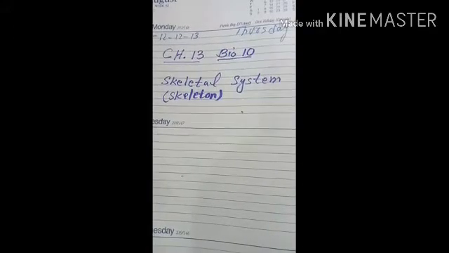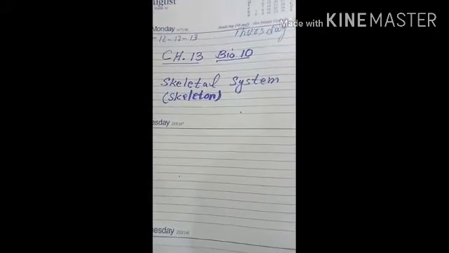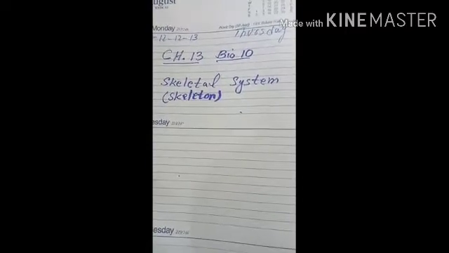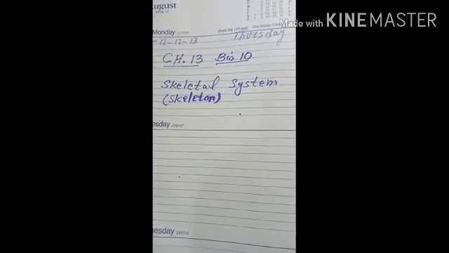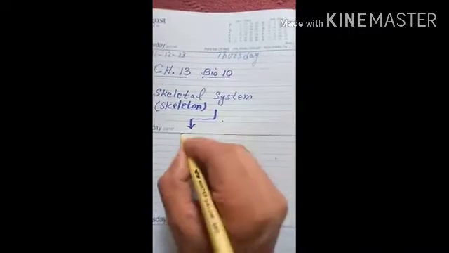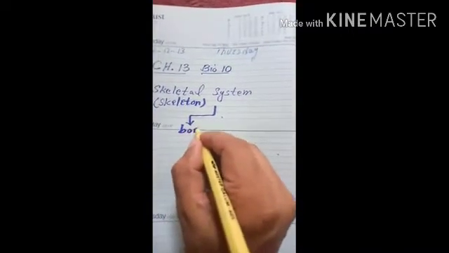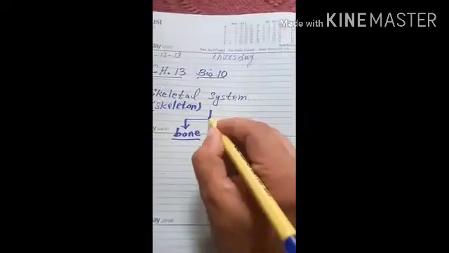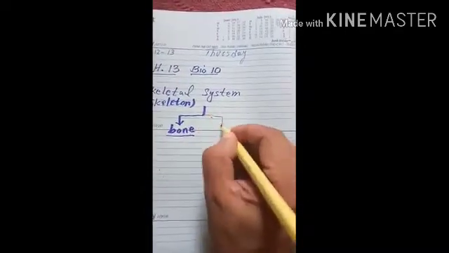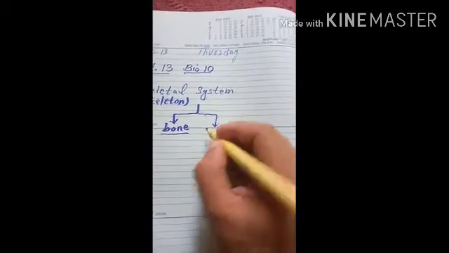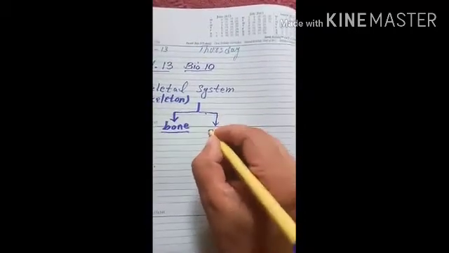These two important structures, skeletal muscles and bones, together make the skeletal system. It consists of two main components, out of which the largest and most prominent is bones, and the other is muscles.